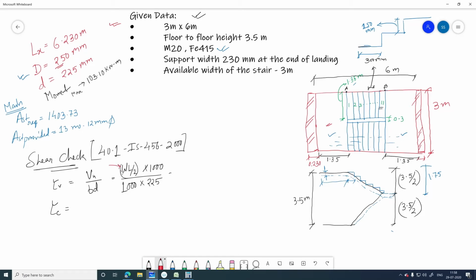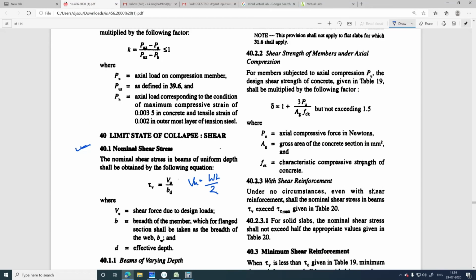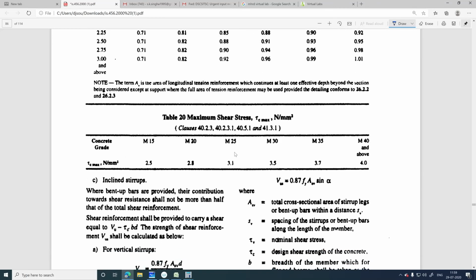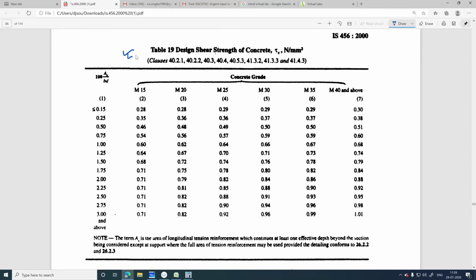You know the value of W, that is 24 kilonewton per meter, and L is in meter, that is 6.23. When you solve this, you will get the value of tau V, that is 0.332, and the value of tau C you can get from the table given in the code. From table 19, you can determine the value of tau C for the respective PT, percentage of steel. We have not determined the percentage of steel, so let's see what our percentage of steel provided is.